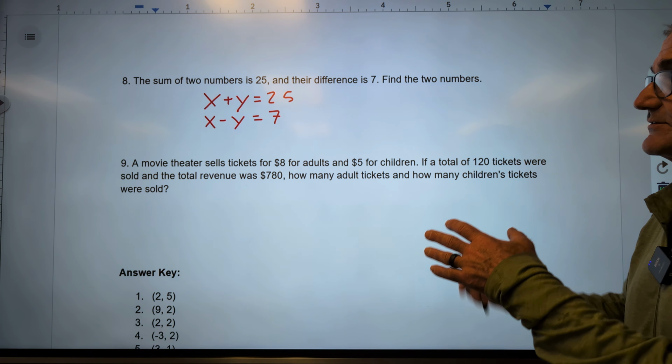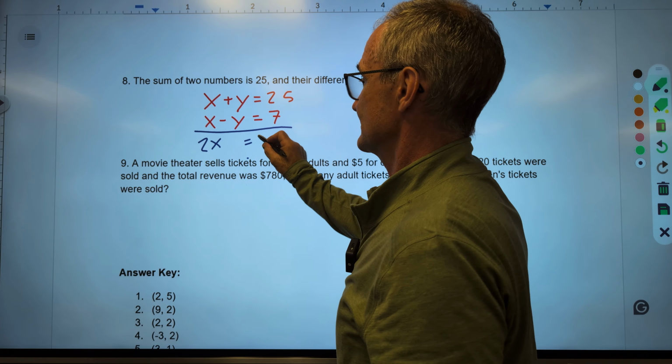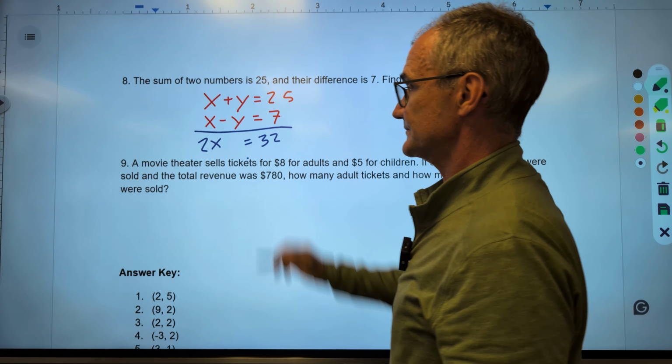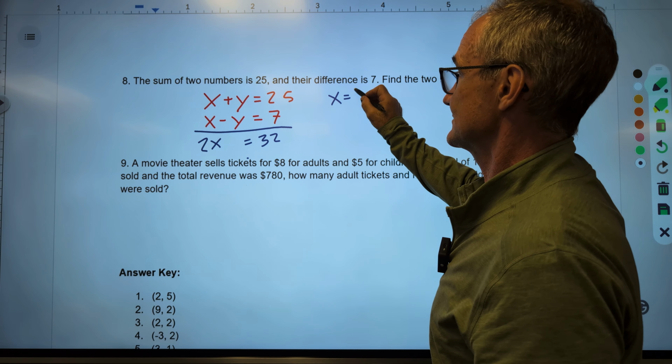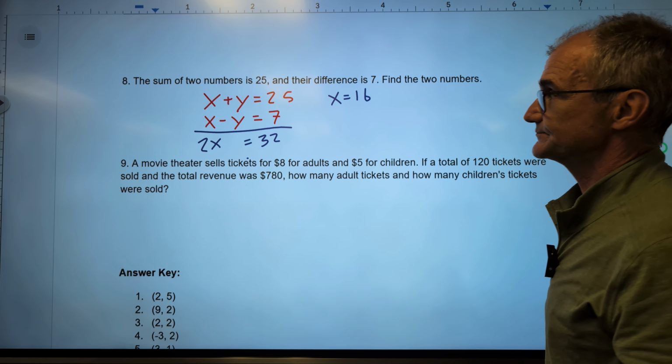We talked about substitution. I could solve for x, plug it back in, then solve for y. But in this case, I can see with elimination, it's going to be a really easy way to do it. I'm just going to add the two equations together to get 2x, my y's cancel, is equal to 32. Divide both sides by 2, and I get x is equal to 16.